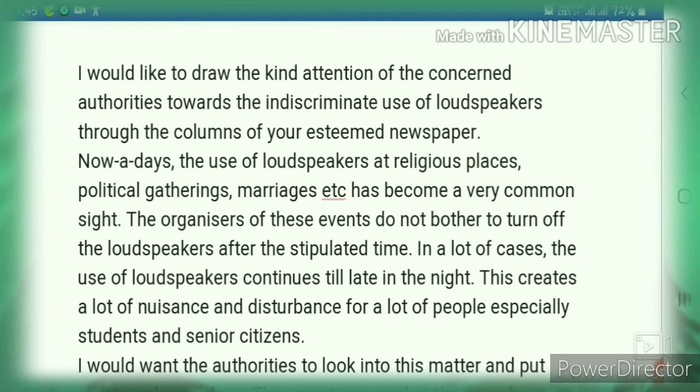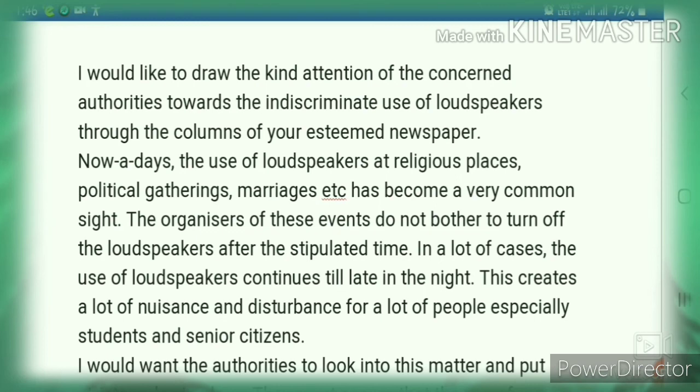That means many times we see that at many functions, let it be garba or anything, people use loudspeakers even till 2 o'clock at night, that is 2 a.m., which is not right, because there are many people who sleep at night, let it be children or students who have exams the next day. All right, so this is not right.